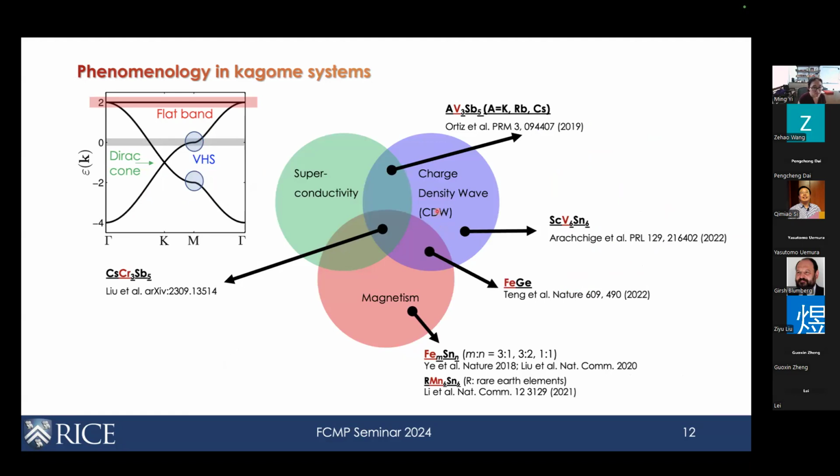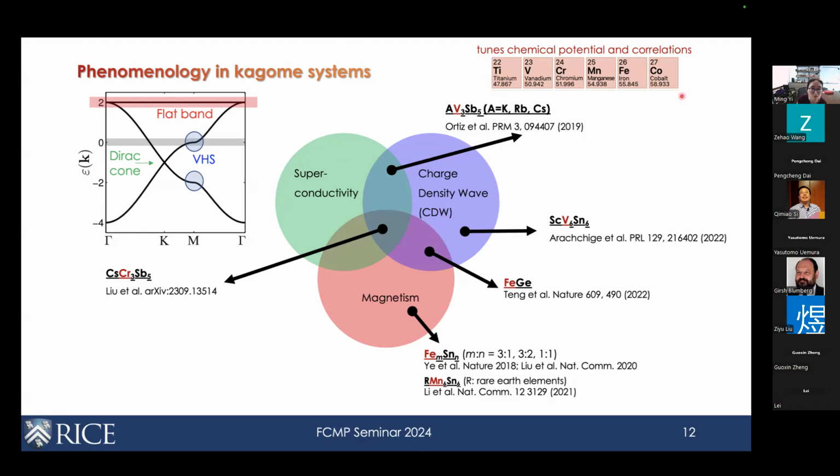So we've seen there's a discovery of superconductivity, charge density wave, and also magnetic orders amongst the various Kagome systems, and also highlighted in red the element that gives rise to the Kagome lattice, right? So as you look across these systems, you realize they actually span basically this entire row of transition metals. And what does this tune?